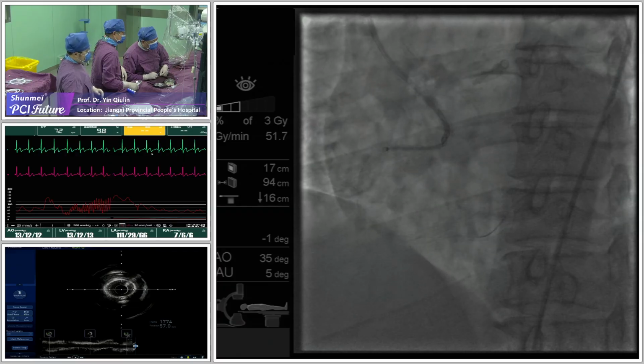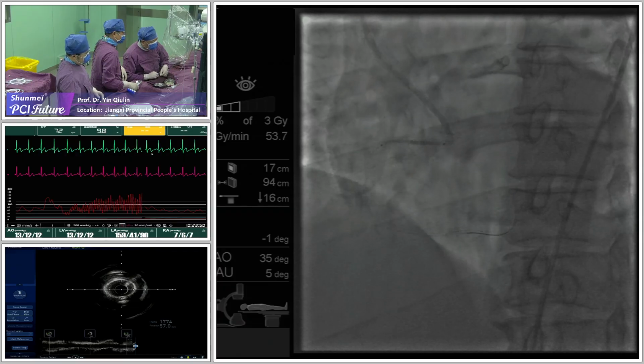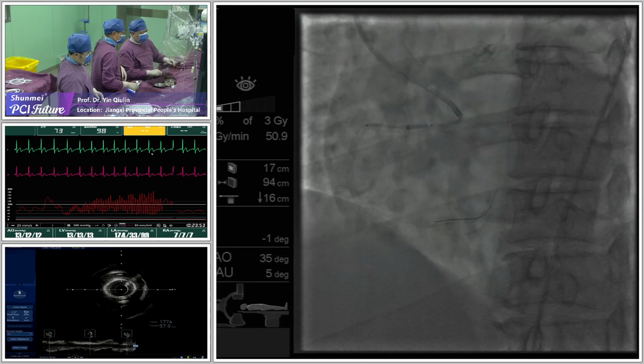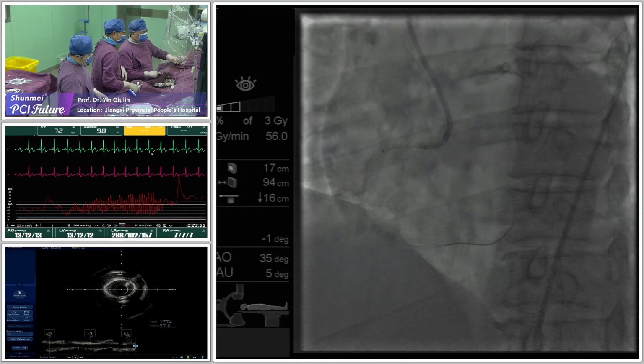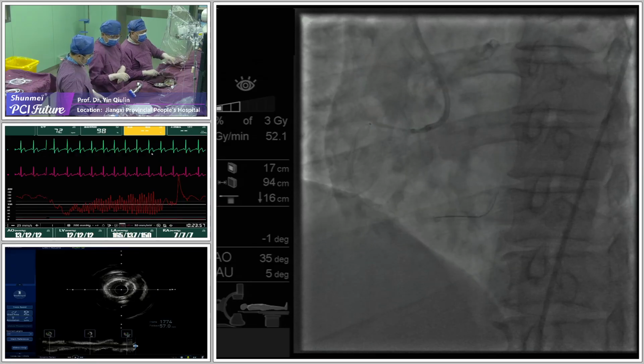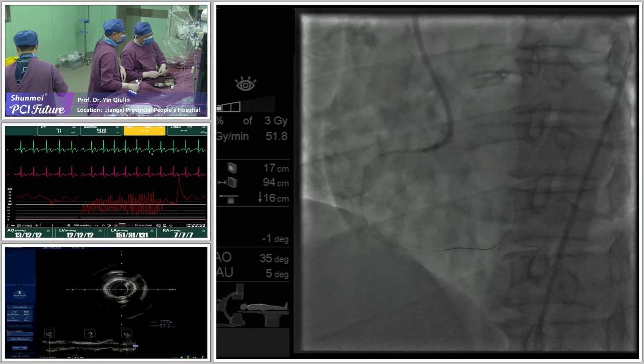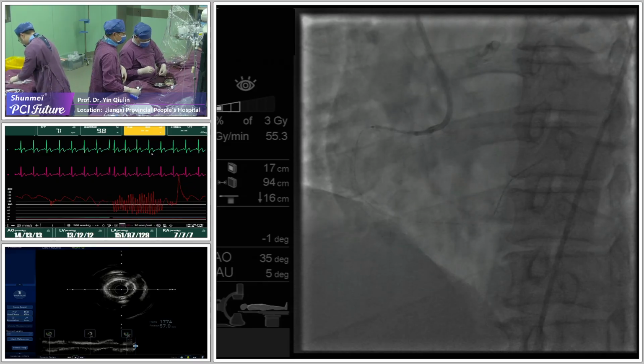So in this case, if retrograde wire, maybe IVUS guided re-entry is very promising. 拉到2.5的后扩球囊。Do you agree?